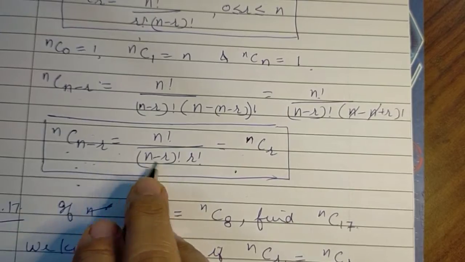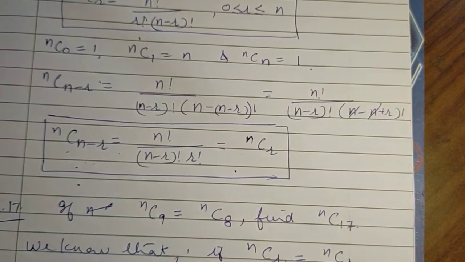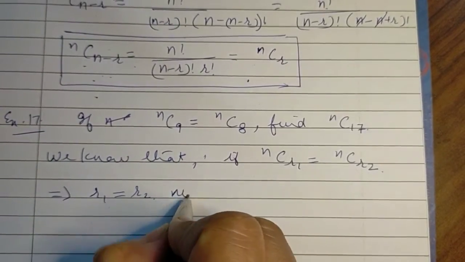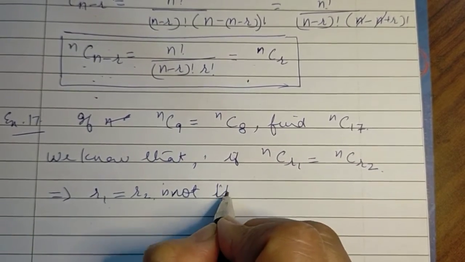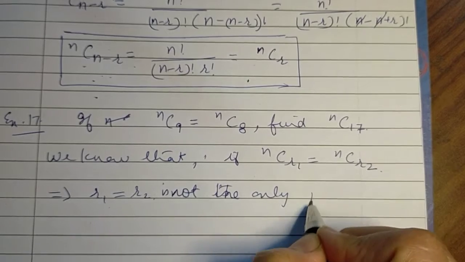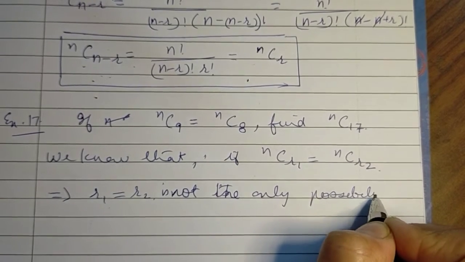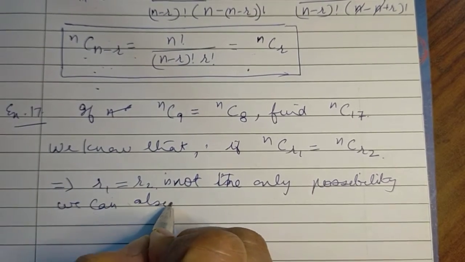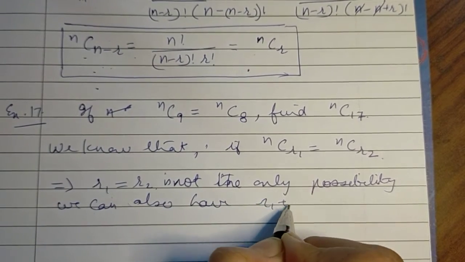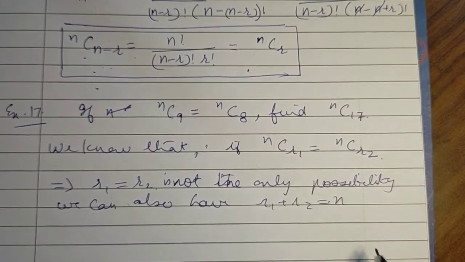But by this previous result, we have seen that this is not the only possibility. We can also have r1 plus r2 equal to n.